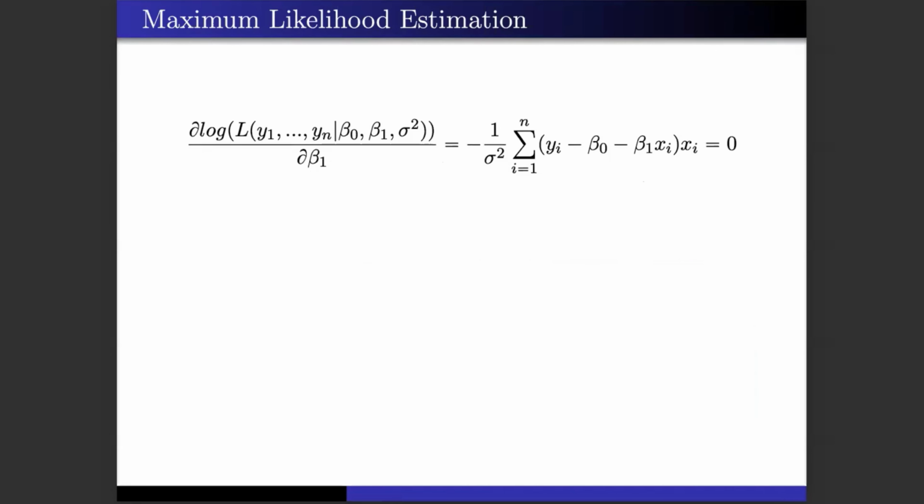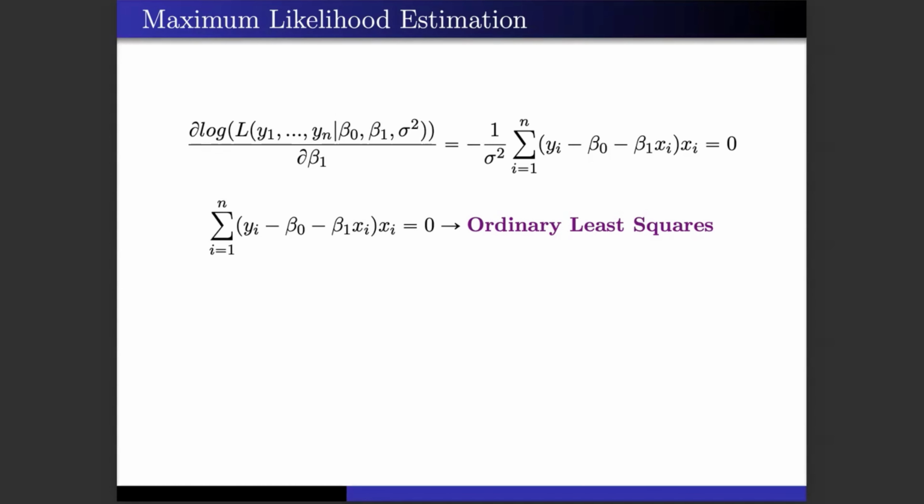Next, we set the partial derivative of the log likelihood function with respect to beta 1 equal to 0. When we do that, we get summation yi minus beta naught minus beta 1 xi times xi is equal to 0. And again, what we get is exactly the same as what we got when we used the ordinary least square estimation method.